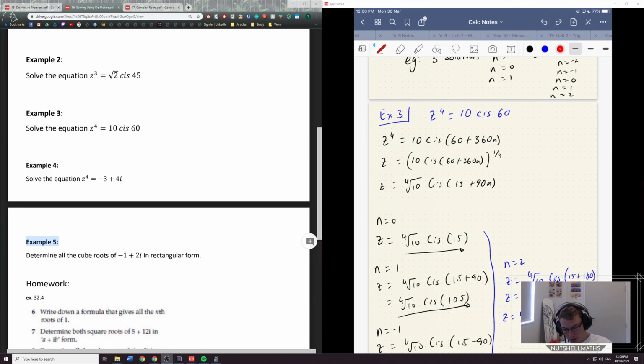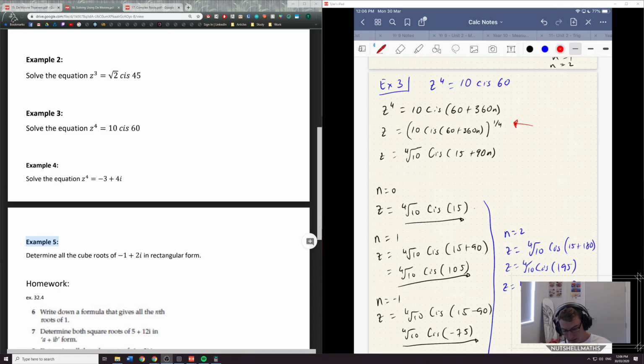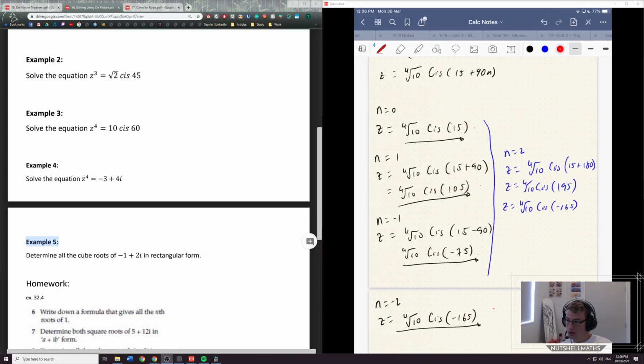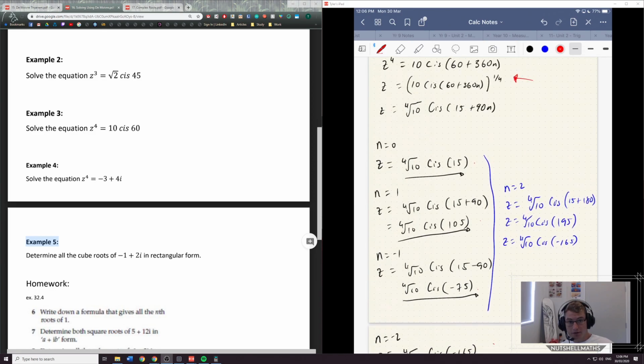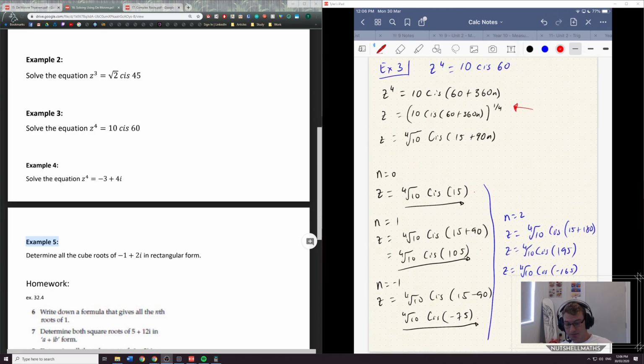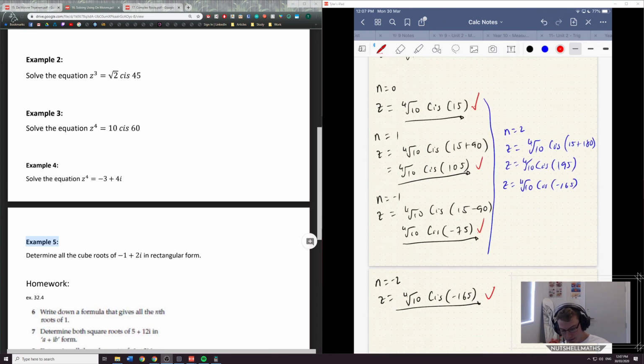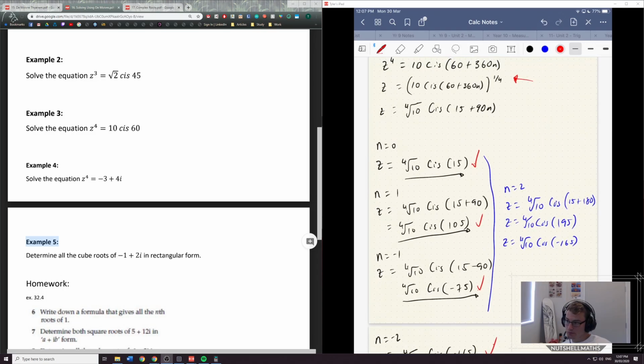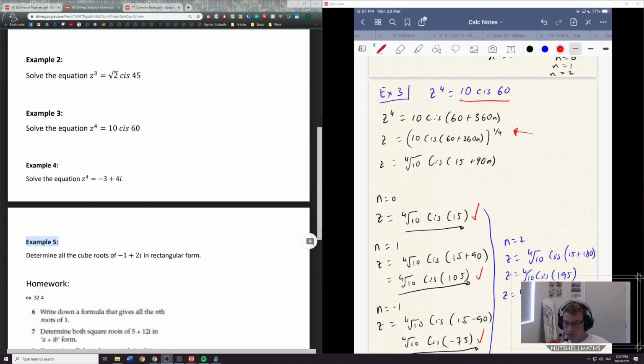We're saying that the 4th root of this could be this, this, this, or this. These 4 answers. So the 4th root of 10 cis 60, what times itself 4 times creates this number, is both this and this and this and this. The 4th root of all of those. I'm thinking about this wrong.